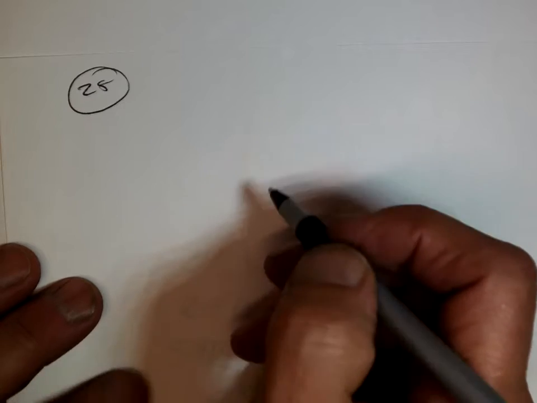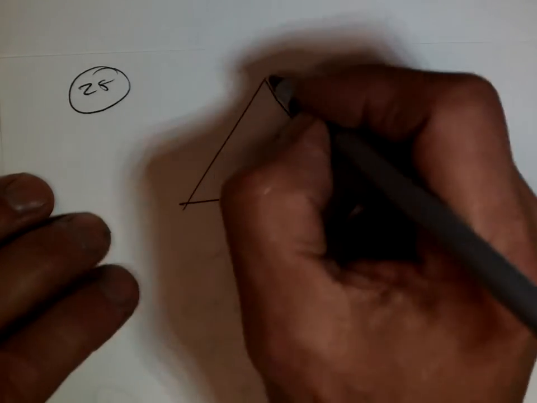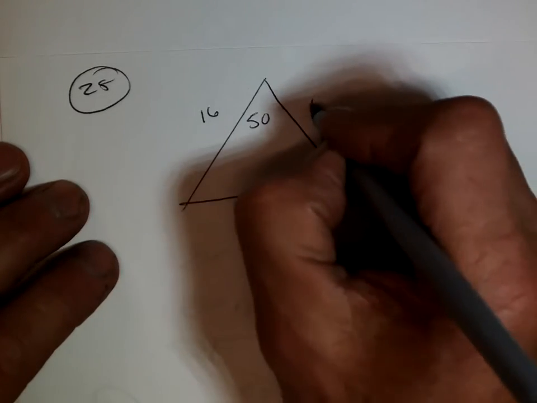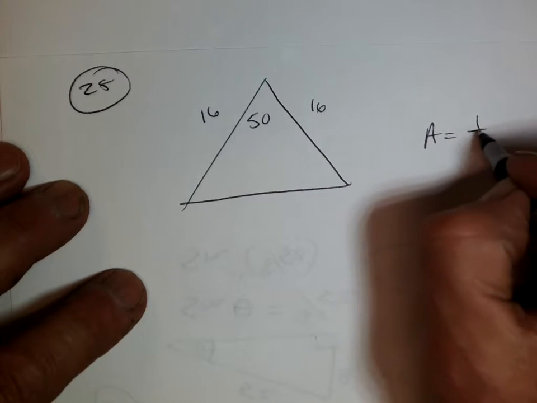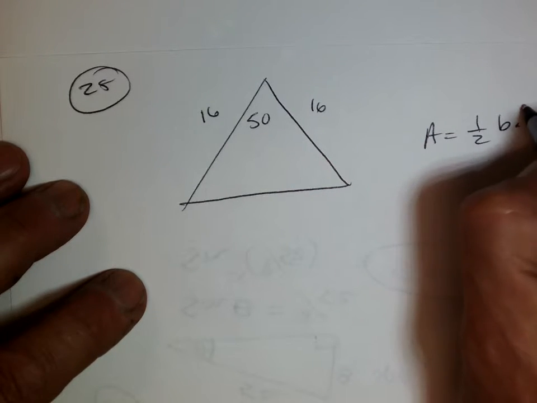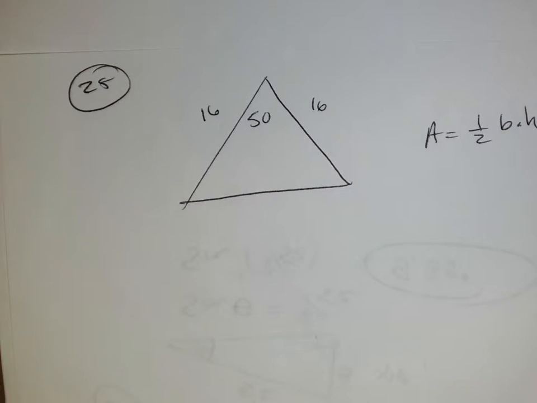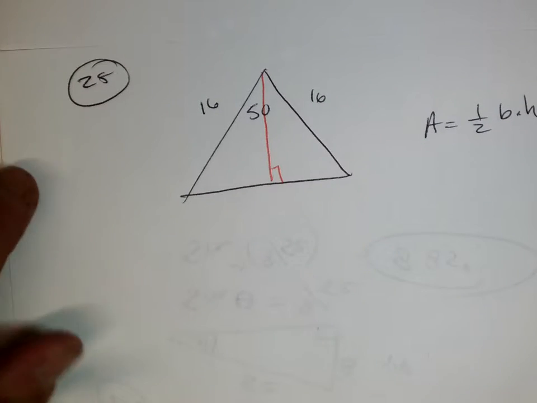Okay, find the area of this isosceles triangle. So let me draw it out. 50 degrees, 16, 16. Okay, so I know the area of a triangle is 1/2 base times height, right? But I don't know the base. So let's make 2 equal right triangles.